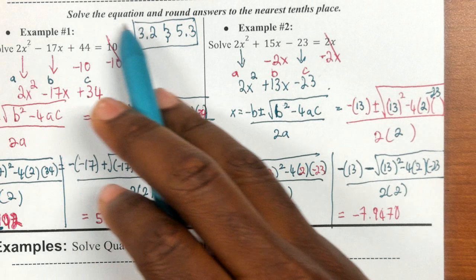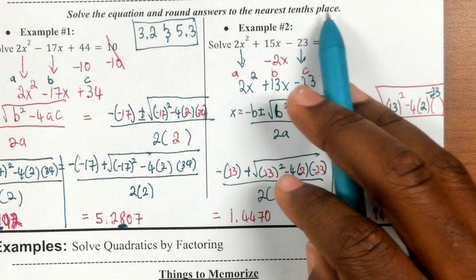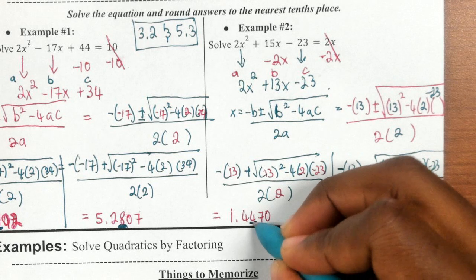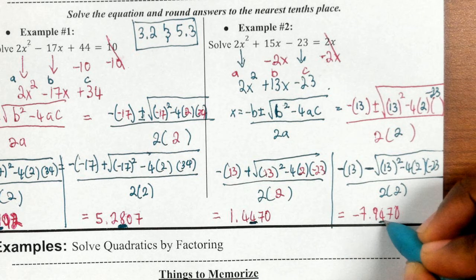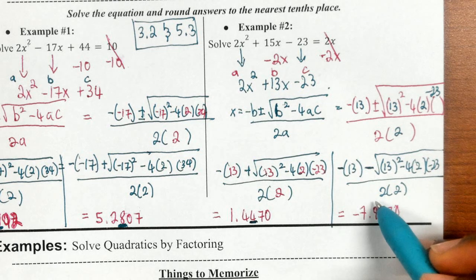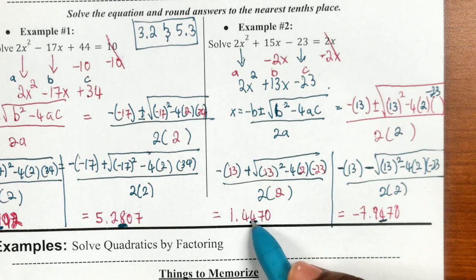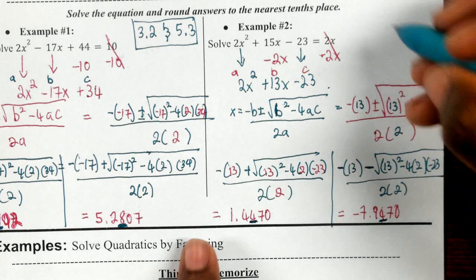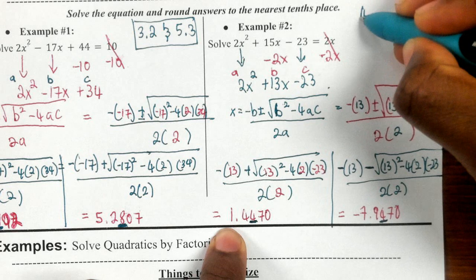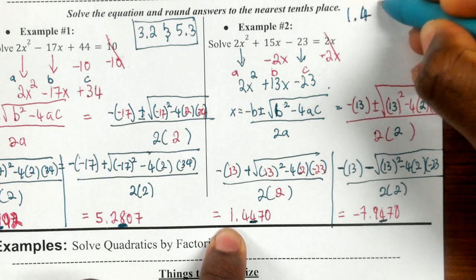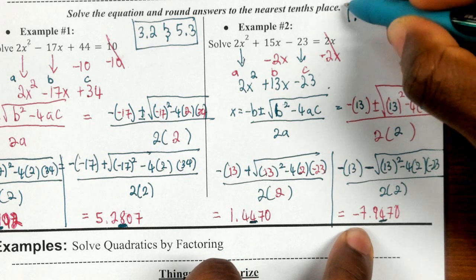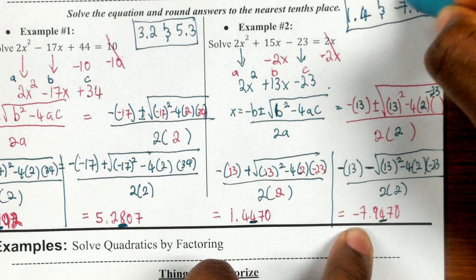It says solve the equation and round your answer to the nearest tenth. For tenths, you look at the second number after the decimal point. If that number is 5 or larger, the number to the left will go up by 1. Because it's not 5 or larger for either of these, my answers will be 1.4 and negative 7.9. And those are our two answers.